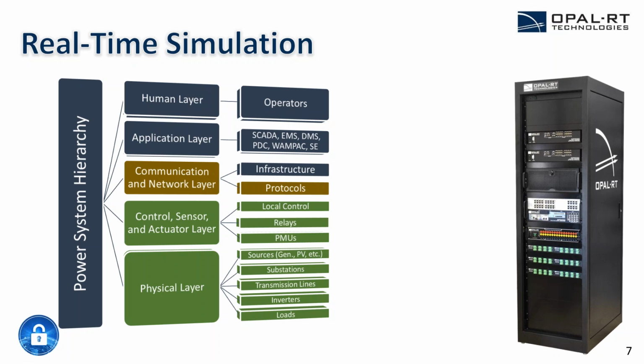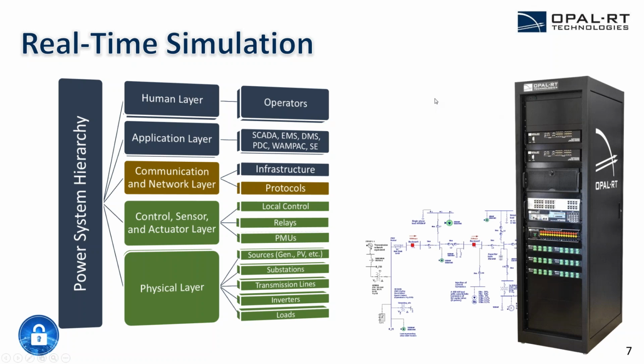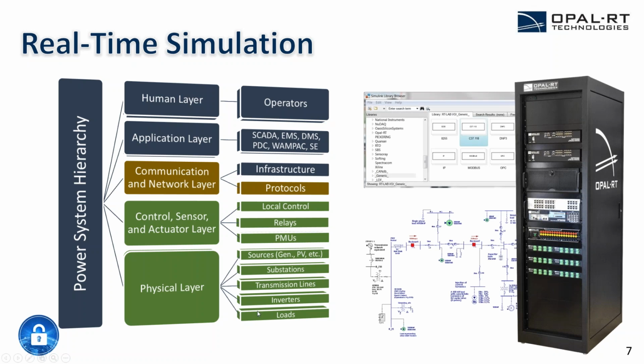And then finally, we have what's especially critical for cybersecurity, communication and network and application layers, which deal with the infrastructure and software and so on that's used to manage those lower level systems. And at the top, we have a human layer composed of operators, decision makers. And the real-time simulator is really intended to model the bottom two layers and provide the interface via communication protocols.